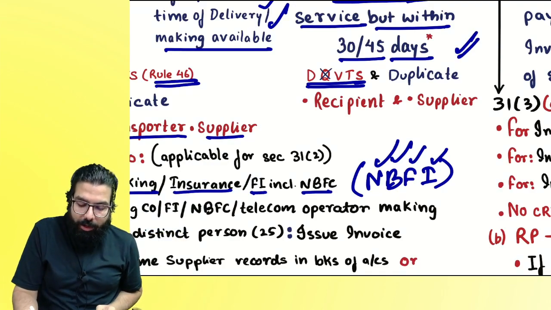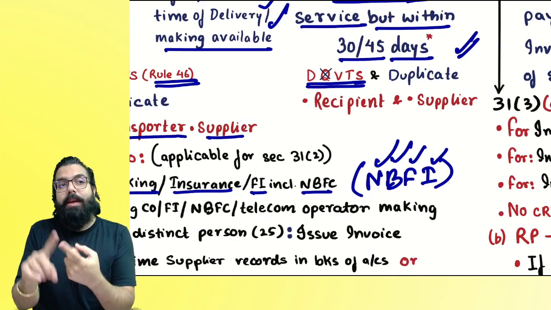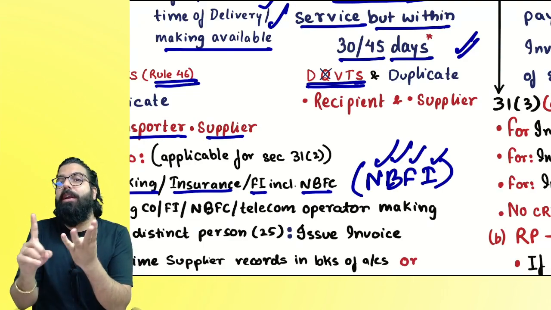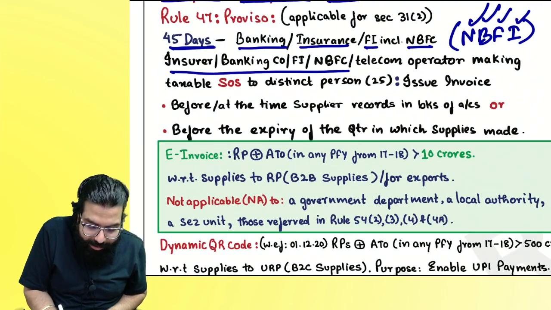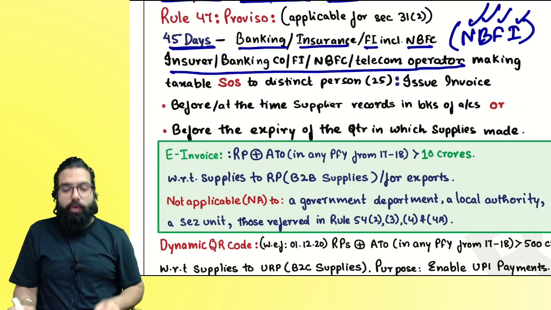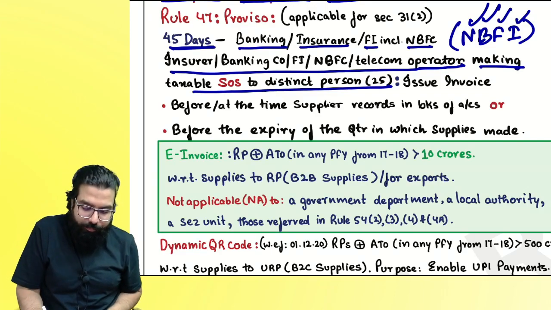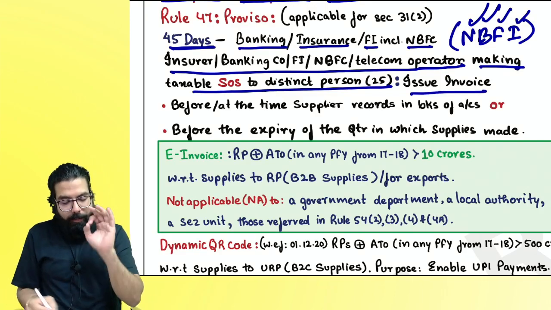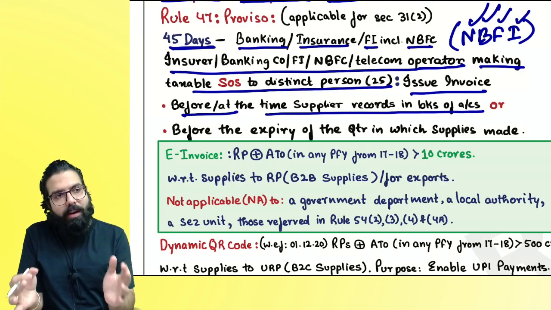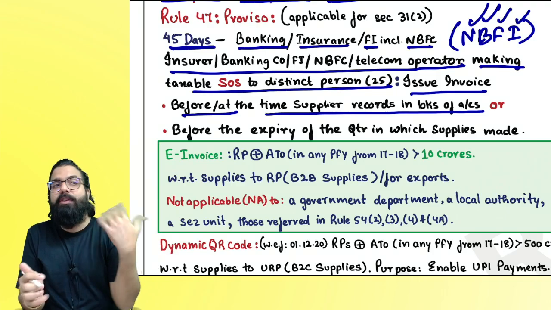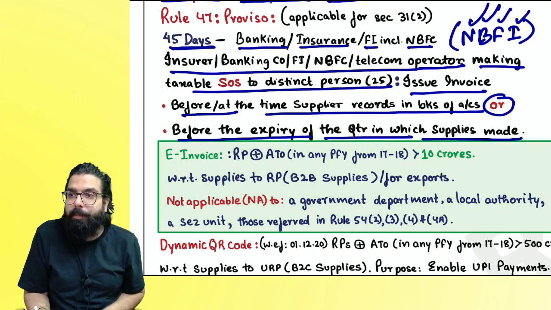Now, if you are a person who is an NBFC, banking company, financial institution, insurance company, and telecom company, then if you are supplying some services to your distinct person, you should issue the invoice when you record, basically before the time the supplier records in the books of account, when you make a book entry of the service that you have supplied, or before the expiry of the quarter in which the services are supplied.